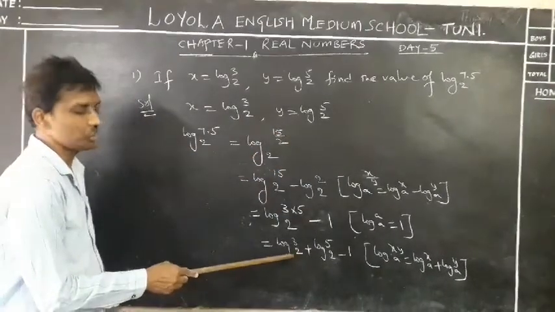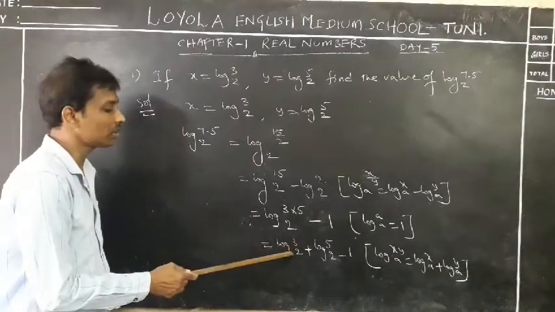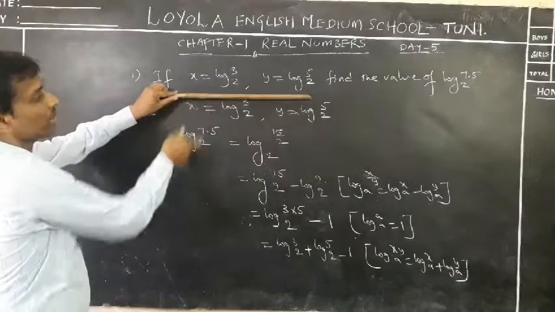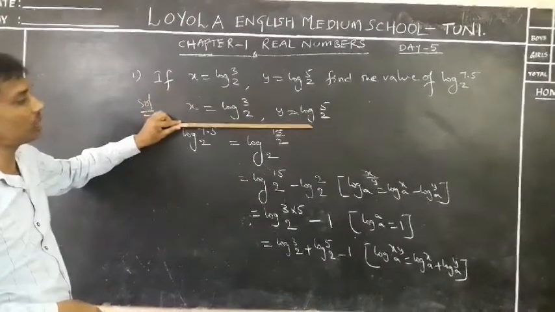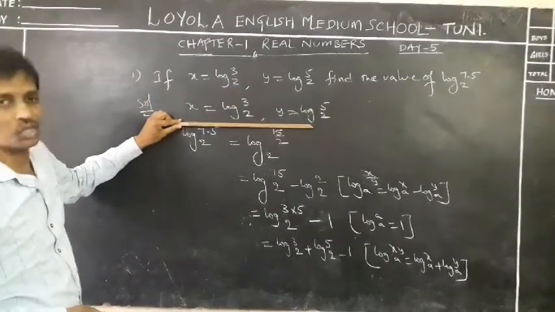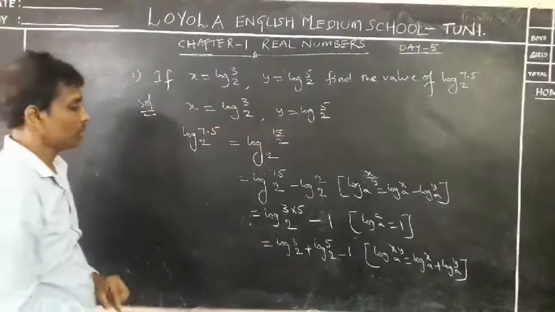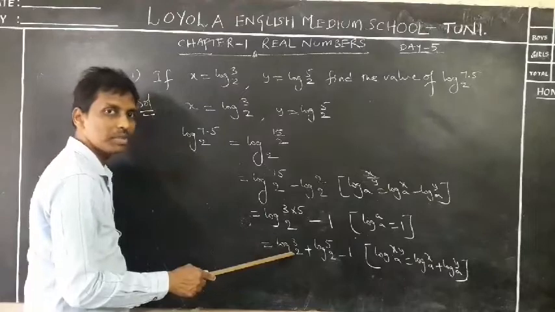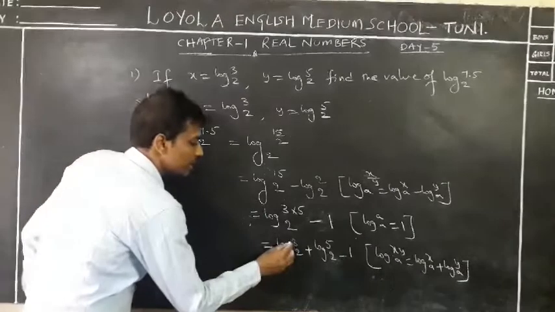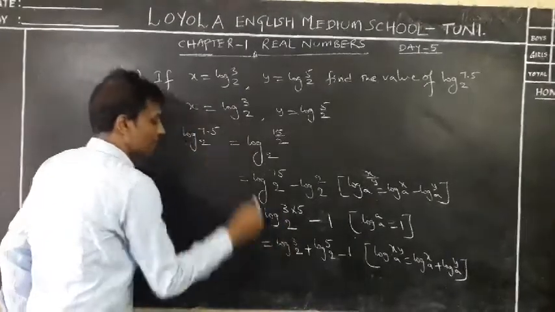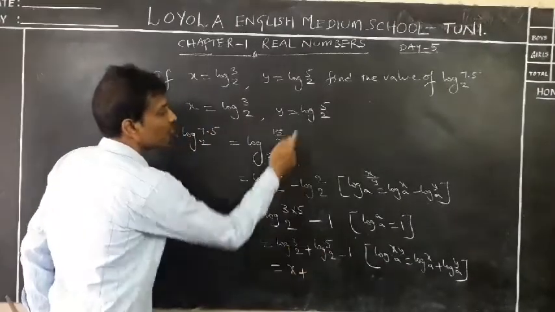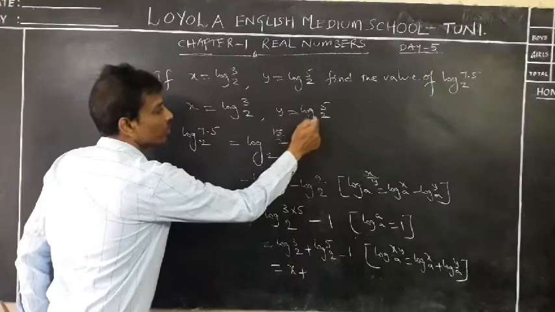What can we substitute in place of log 3 base 2 and log 5 base 2? The two values are given in the question. Of course, we wrote those two in the solution at first. So can we substitute x in place of log 3 base 2? Yes. Instead of log 3 base 2, I am writing x, plus what is the value of log 5 base 2?